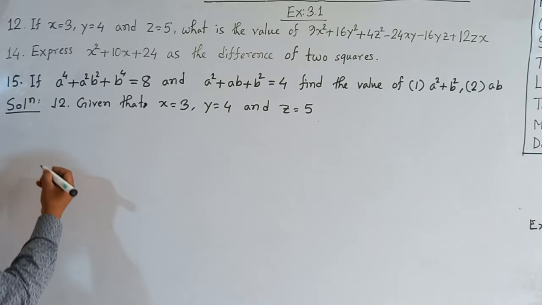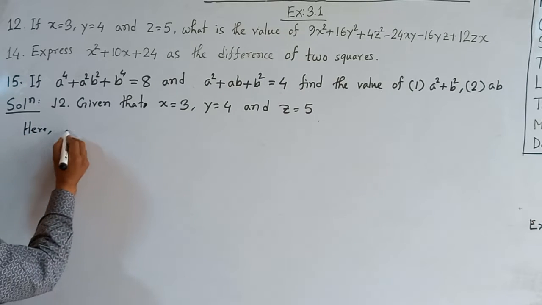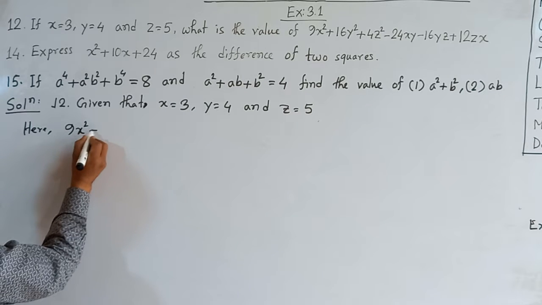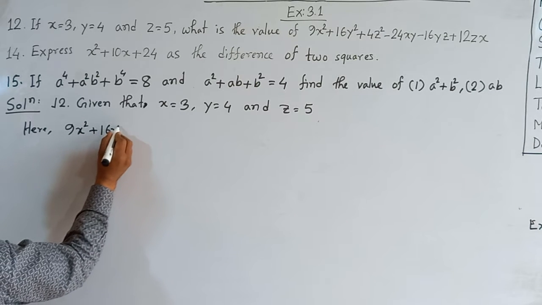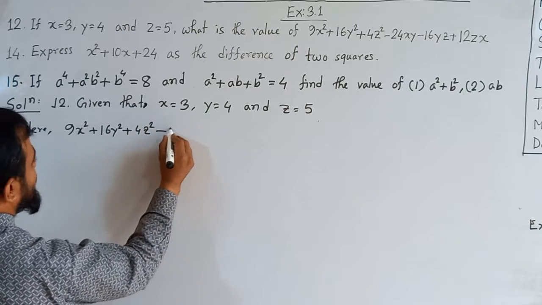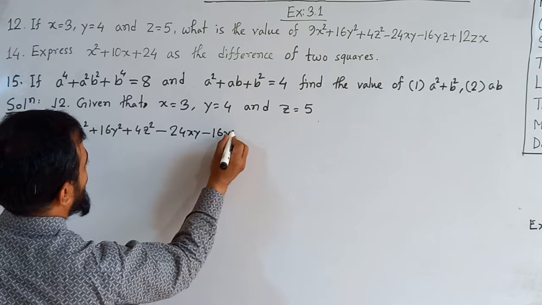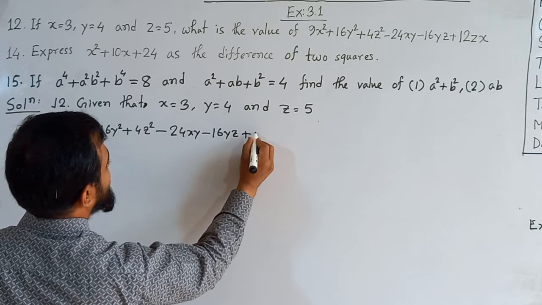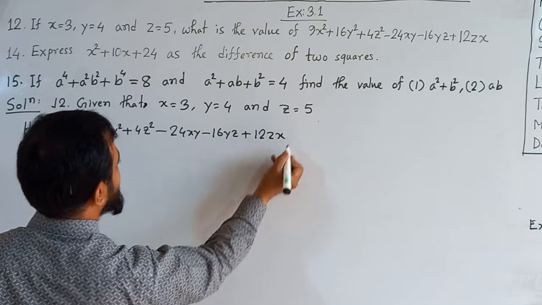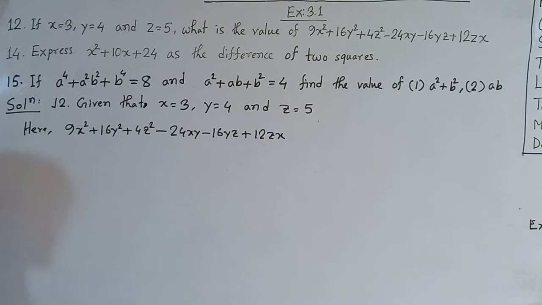The given expression is 9x squared plus 16y squared plus 4z squared minus 24xy minus 16yz plus 12zx.